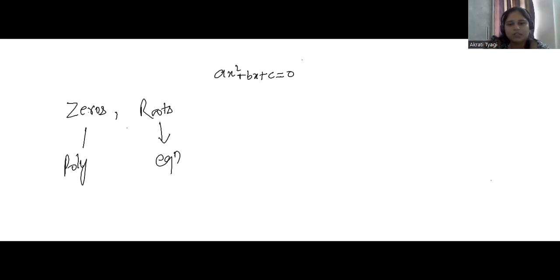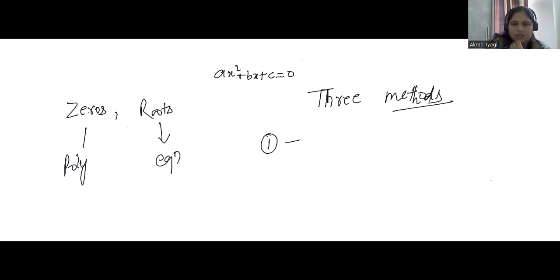In your exam, in our syllabus, there are three methods to solve the equation. The first method is factorization, or middle term splitting.